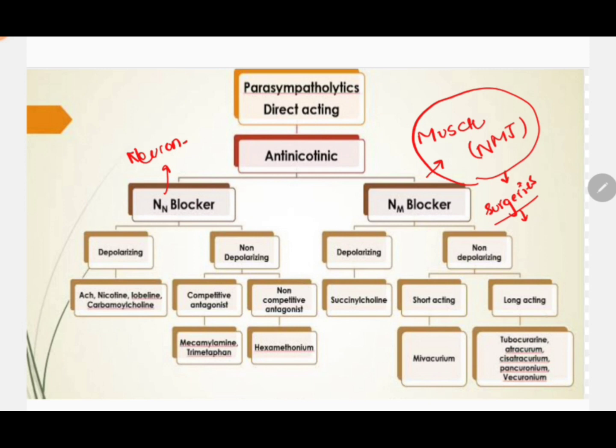All these drugs are used as paralyzing agents in surgery. When we are preparing the patient for surgery, we have to paralyze them along with sedation. So these drugs have an important role in surgery. These are the antinicotinic drugs; they bind with the nicotinic receptors and block the effect of the nicotinic parasympathetic nervous system.